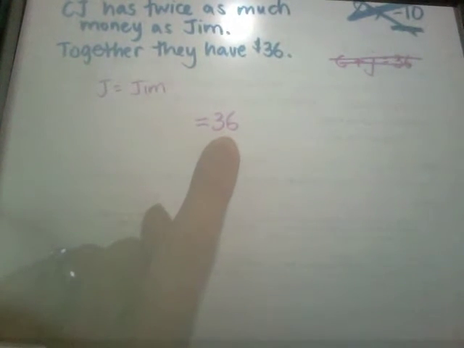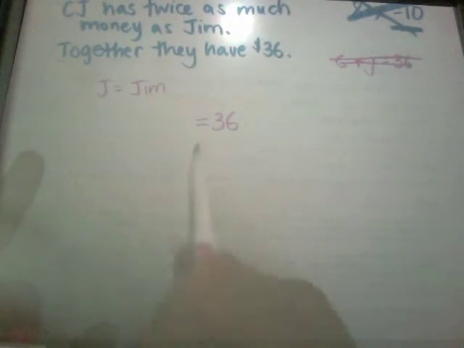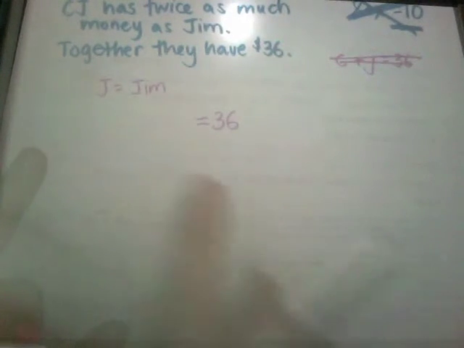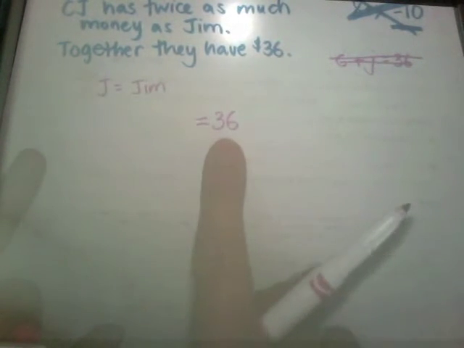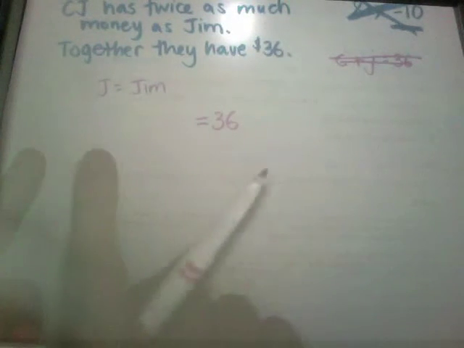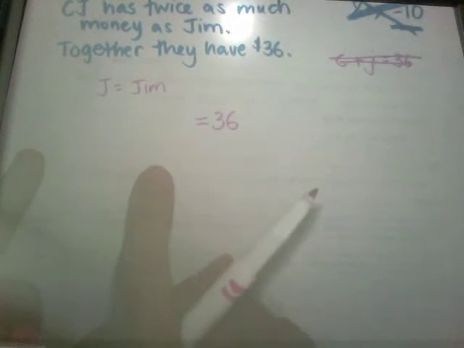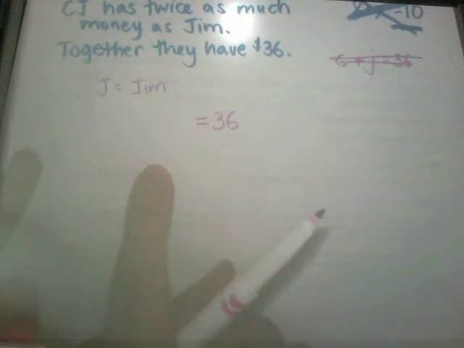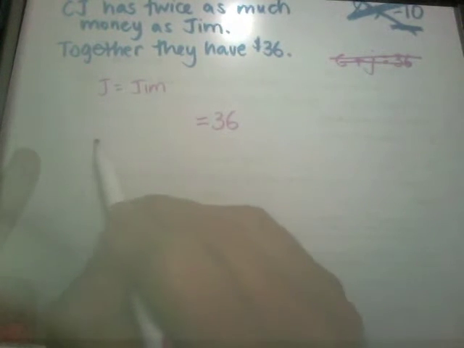Total, in all, together, that's our answer, equals 36. What kind of equation? If we're putting their money together to get an answer of $36, what would go here? Can you just describe it in words? Vincent? What am I going to do?